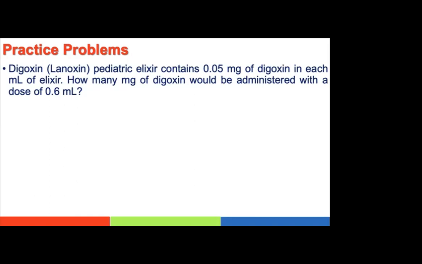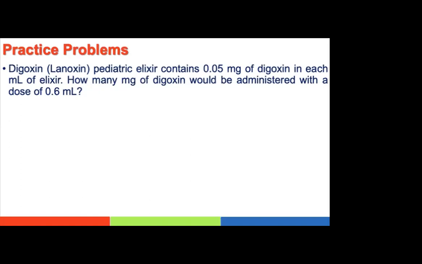What is digoxin for, by the way? Let me test your product knowledge. Let's integrate the other subjects here. What is digoxin for? It's for the heart. What does it do to the heart? Specifically, what disease? Hypertension? Angina? Heart failure?